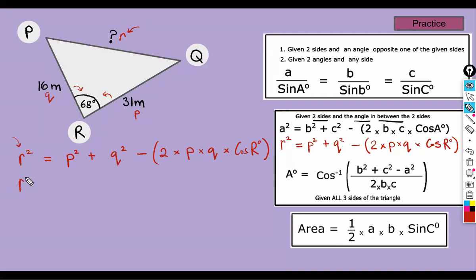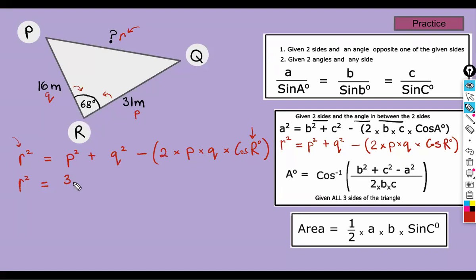So let's substitute in the values. Remember, common p is 31, common q is 16. So all I'm going to do is replace what? The p's and q's with 31 and 16. And then I'm going to replace capital R with how much? Capital R is 68. So watch me here.